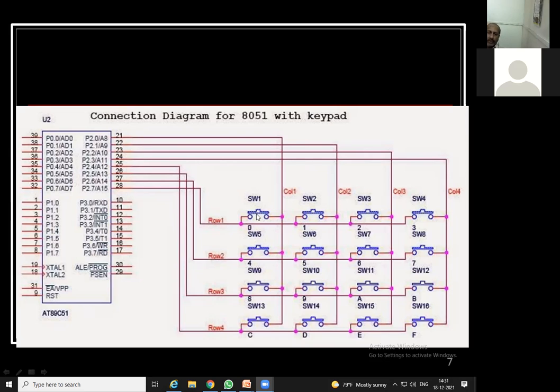So in the coding we are going to write that if switch 1 is pressed, then show 1 on the output. So for that the codes are different. Yesterday I think if you were there, you might have seen one sheet in the last slide I showed, on which if it is 1, what is its respective ASCII code, binary code, hex code.